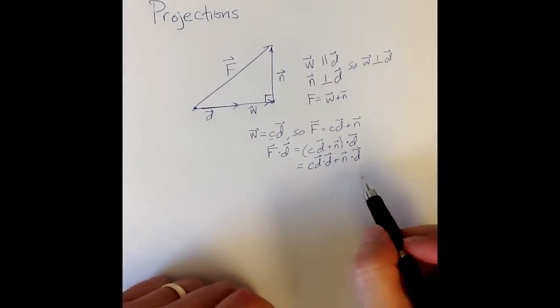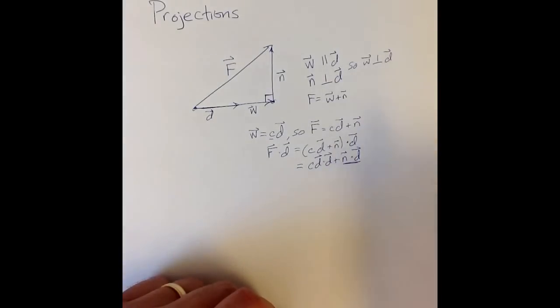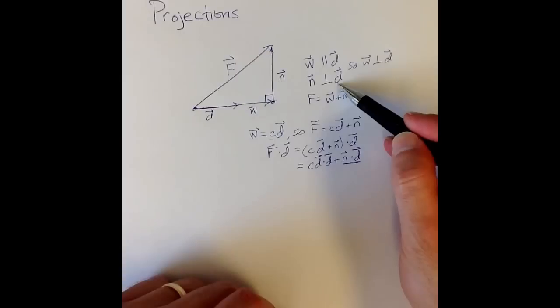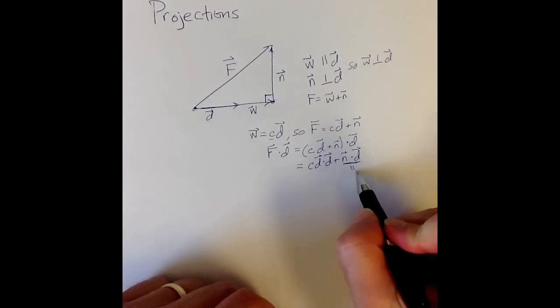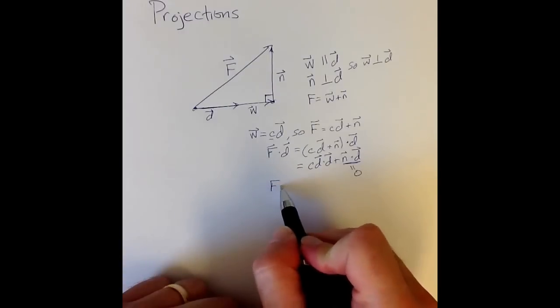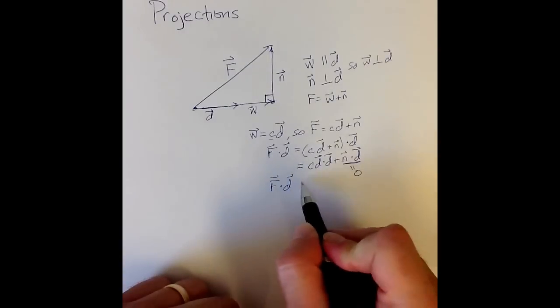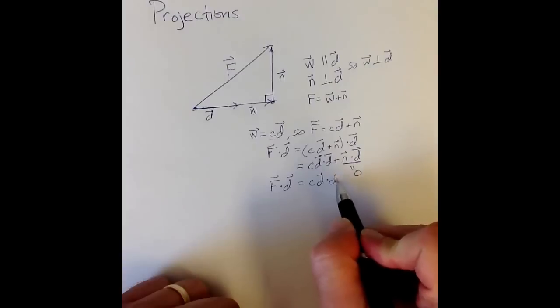And now there's something really interesting about n dotted with d. Remember we said that n is perpendicular to d, so that means their dot product is equal to 0. So we have f dotted with d is equal to c times d dotted with d.